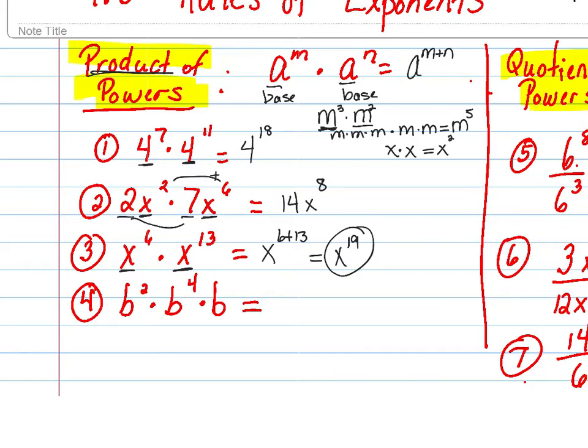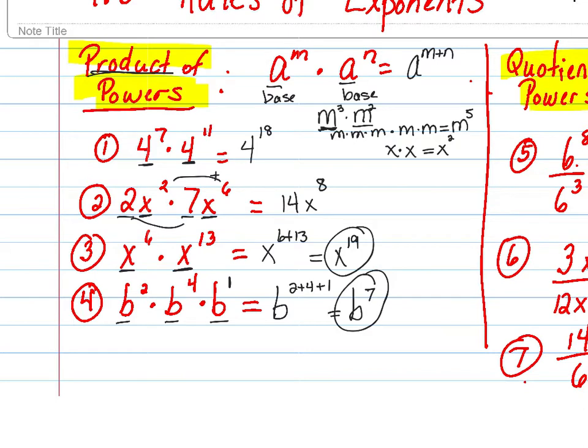You can only do it when they have the same bases. So this means take the base and add the exponents. Well, what are the exponents? Raise your hand and tell me what are the exponents, Maria? 2 plus 4 plus 1, right? You can't see it, but there's a 1 there. So we get b to the 7th.